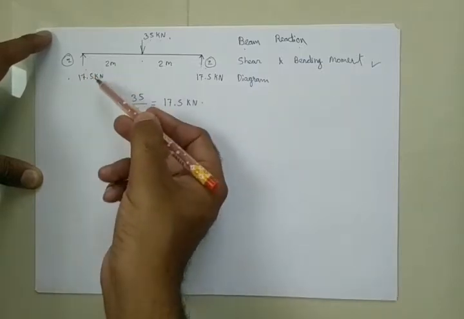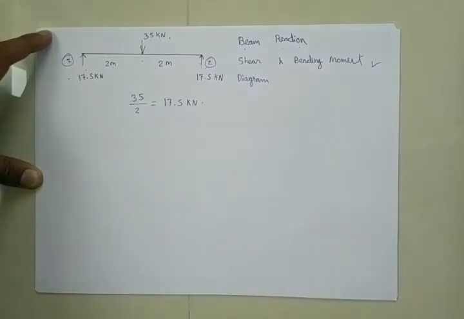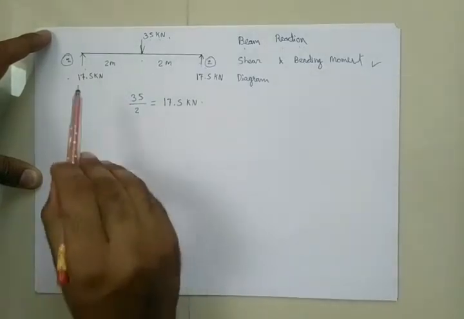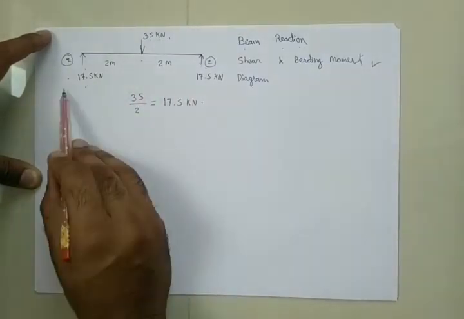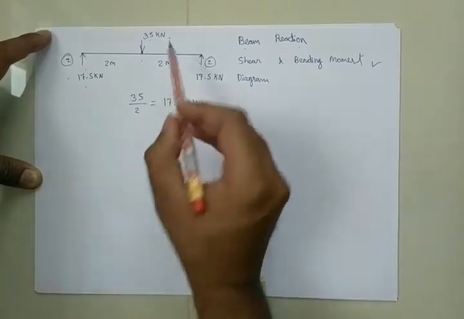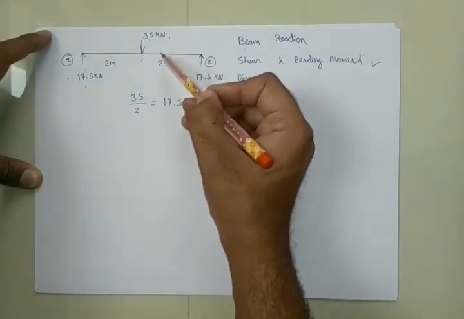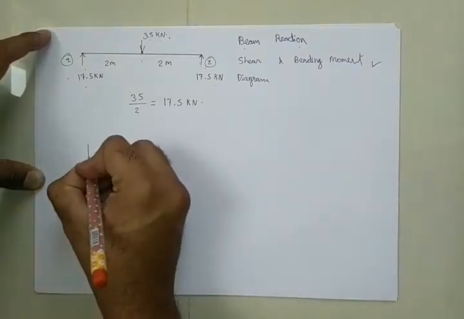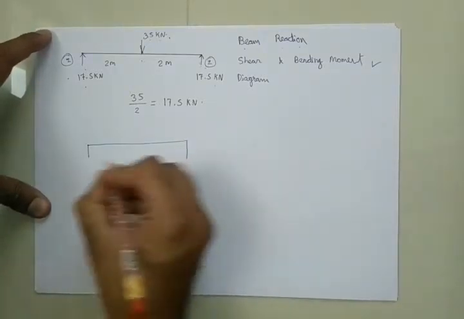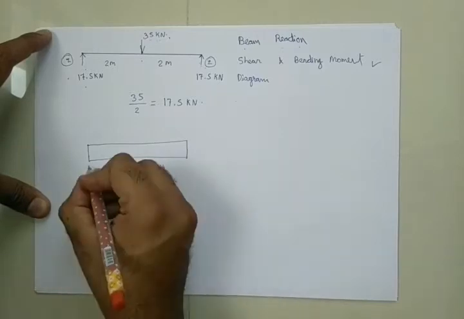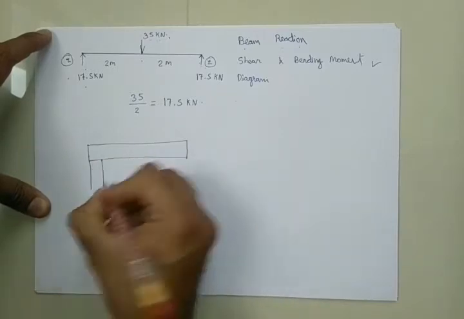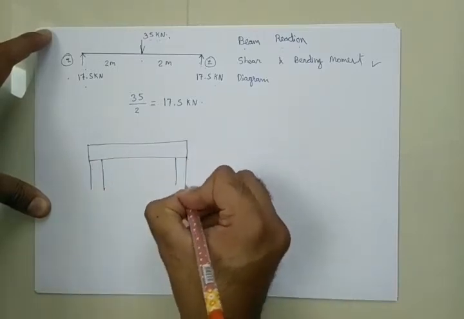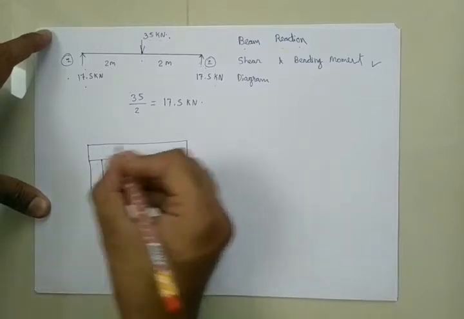Now, in actual form, this is not the amount of load that is transferred, but it is the reaction that is being created due to this 35 kilonewton of load. Let me elaborate. Suppose this is a beam and that beam is supported on two supports, right? Now what will happen?